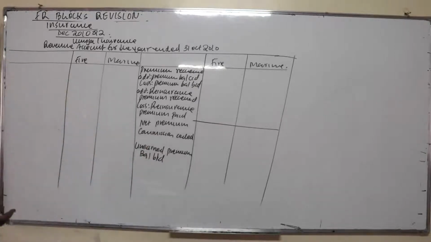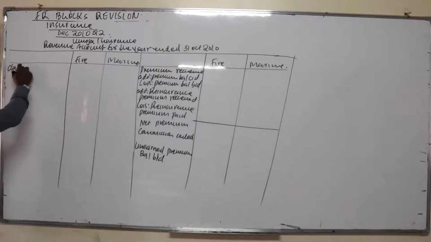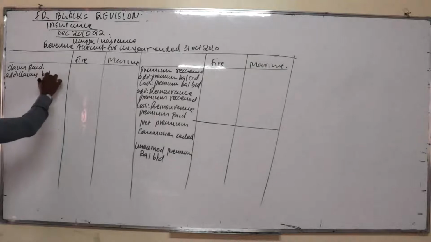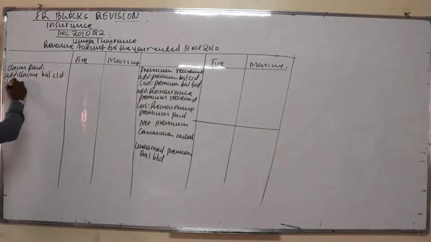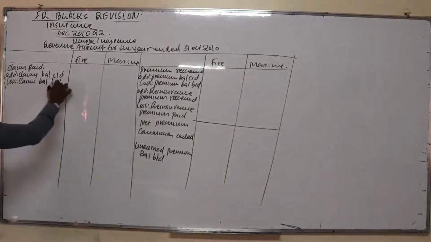Then on the debit side, you bring your expenses, and the major expenses are the claims. So you bring claims paid, then you add claims balance carried down, but you deduct claims balance brought down.